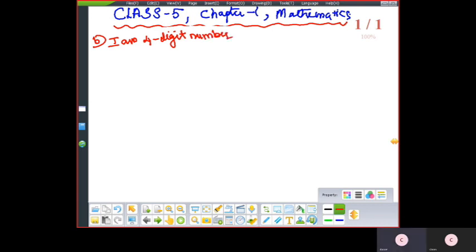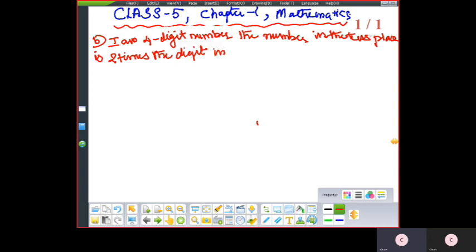The number in the tens place is 2 times the digit in the ones place. Okay, so this is our first condition.